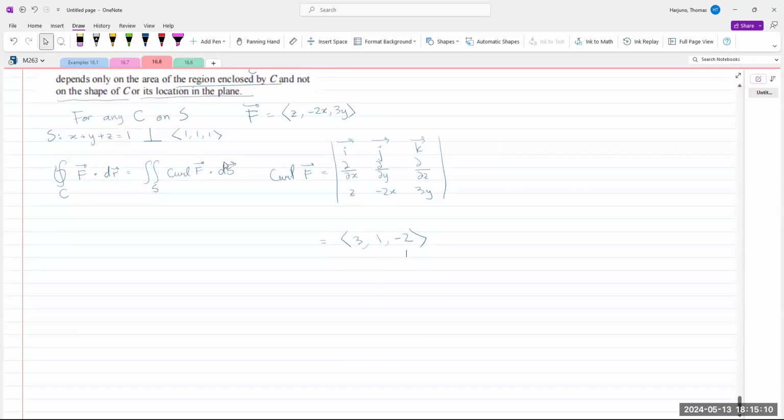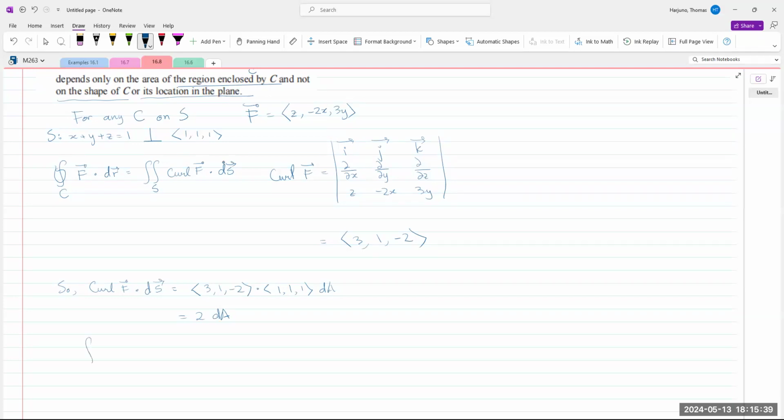Okay, so when I do the dot, curl of F dot dS is equal to 3, 1, negative 2 dot 1, 1, 1 dA. That's basically 2 dA, right?